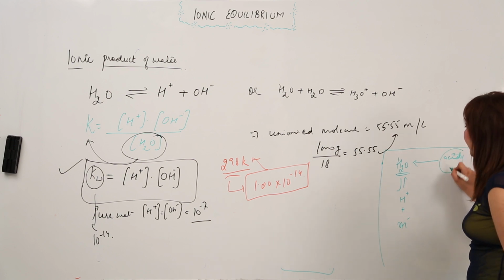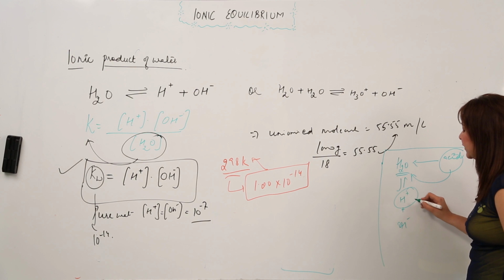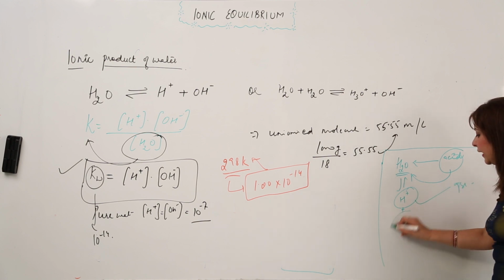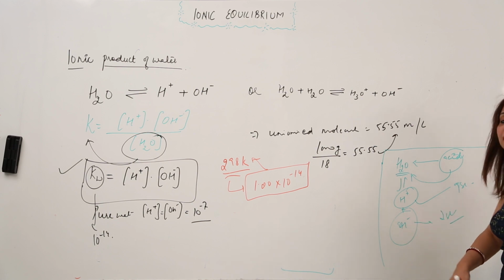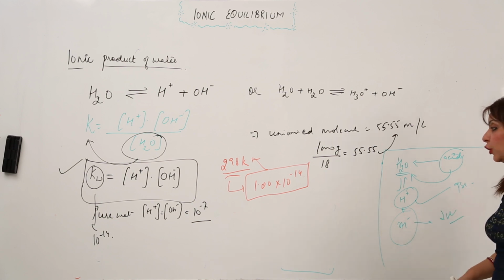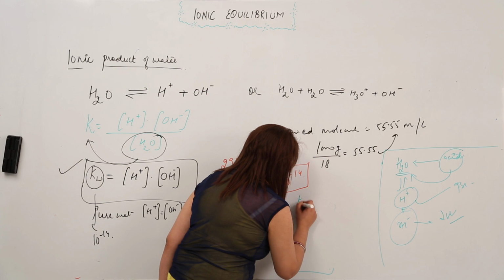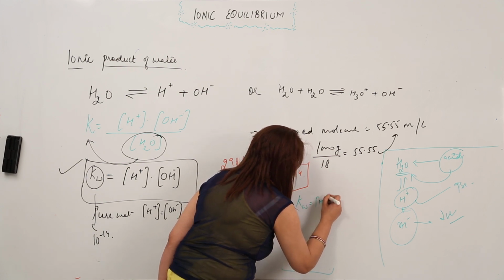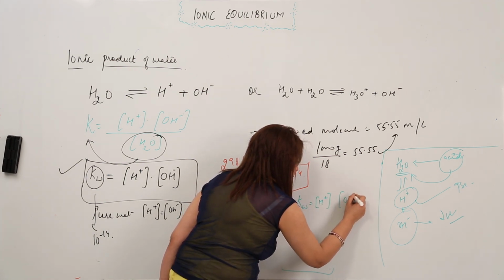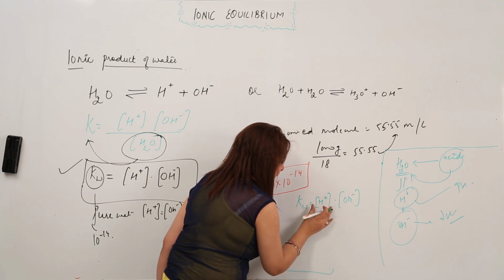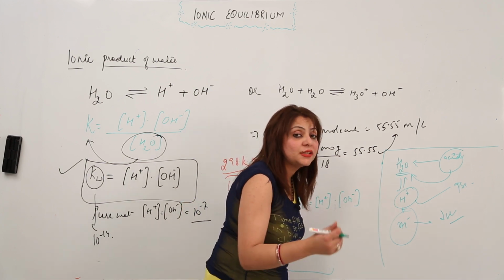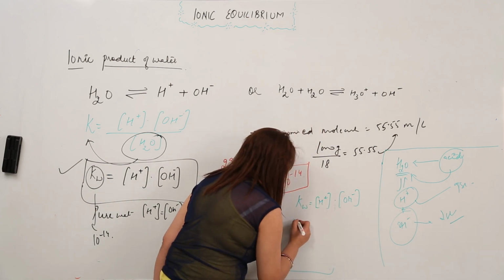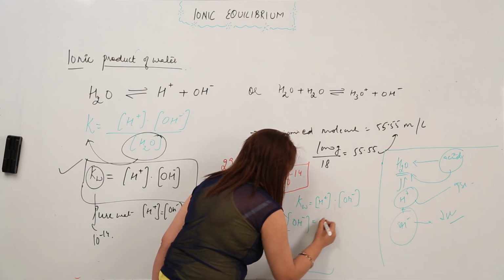When I add acid into this water, the hydrogen ion concentration is going to increase and the hydroxide ion concentration is going to decrease. How can I know about the decrease in the concentration of hydroxide ion? By the expression, as we know, this concentration has risen because I have just added an acid to it. So the concentration of hydroxide can be known by the expression Kw divided by the hydrogen ion concentration.